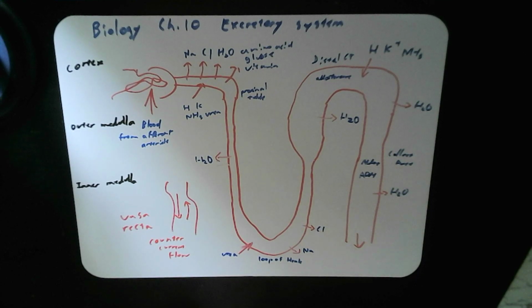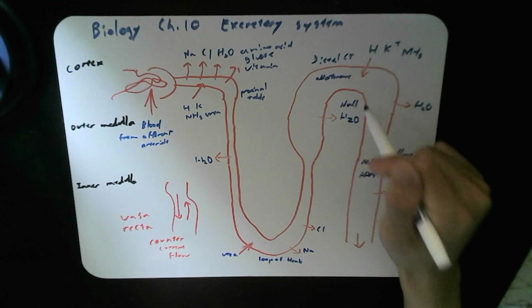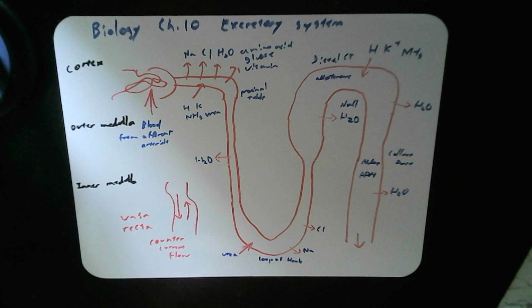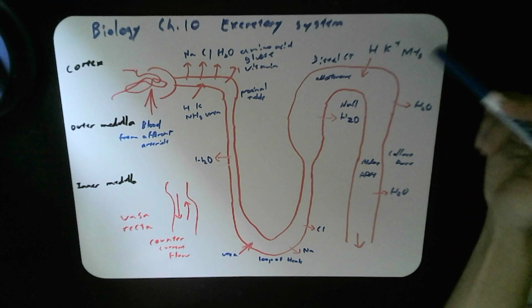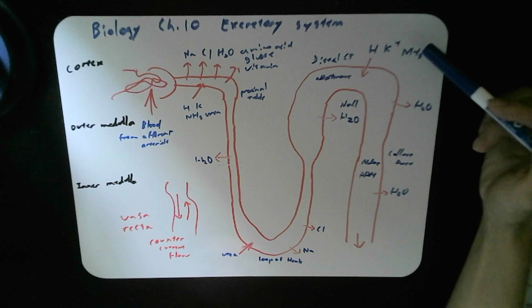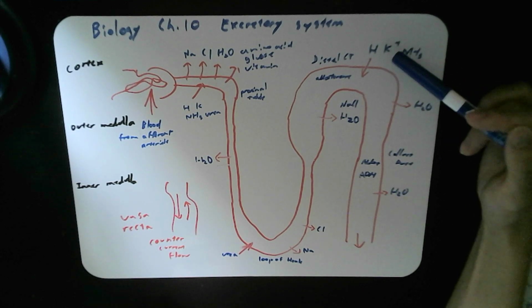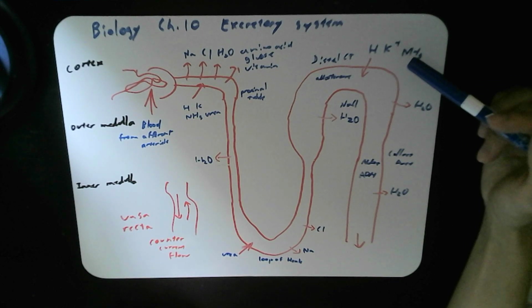So NaCl is actually pushed out as well, and that creates a driving force for H2O, water, to go to the outside. We also have release of extra protons and potassium, as well as NH3 here.